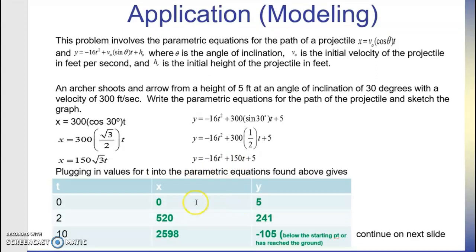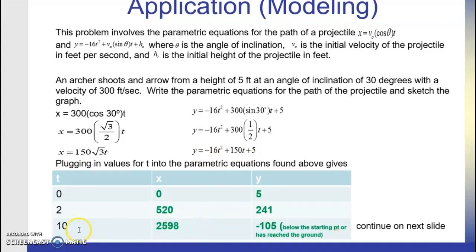So to graph, we plug in numbers of our choice for t into the equations and get values for x and also values for y. Notice when 10 is plugged in for t, the y value is negative 105. That's highly unlikely.